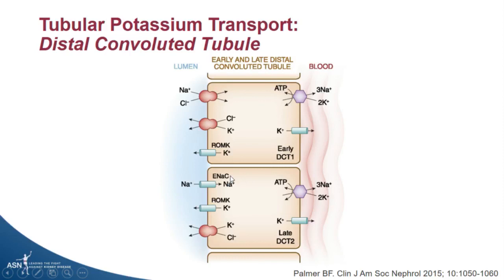And if we focus on the latter half of the lower cell here, in the latter portion of the distal convoluted tubule, this is an aldosterone responsive cell that has an epithelial sodium channel and a potassium channel, and there is electrogenic sodium reabsorption, creating an electronegative gradient that drives potassium secretion.